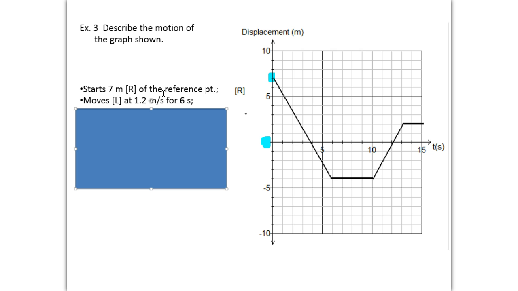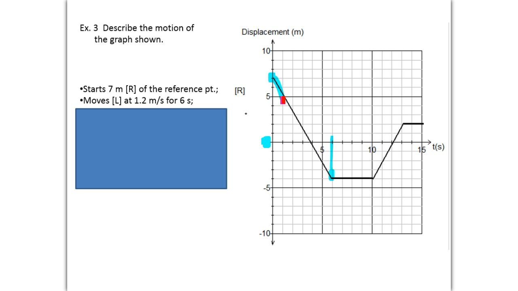The object then moves to the left. So it hasn't continued to move further away. It's moving back towards the left. It does so for 6 seconds, which is given here. That's when the motion makes a change.